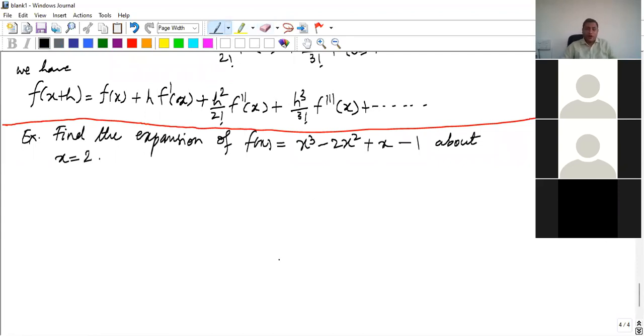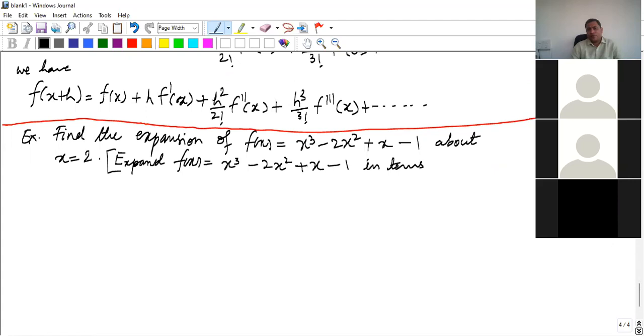We have to find the expansion of this function about x equal to 2. Or I can frame this question in other words as: expand f of x equal to x cube minus 2x square plus x minus 1 in terms of x minus 2.